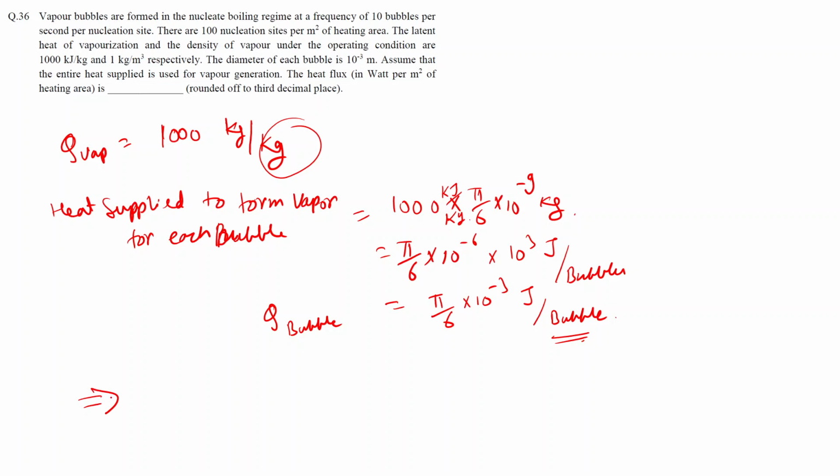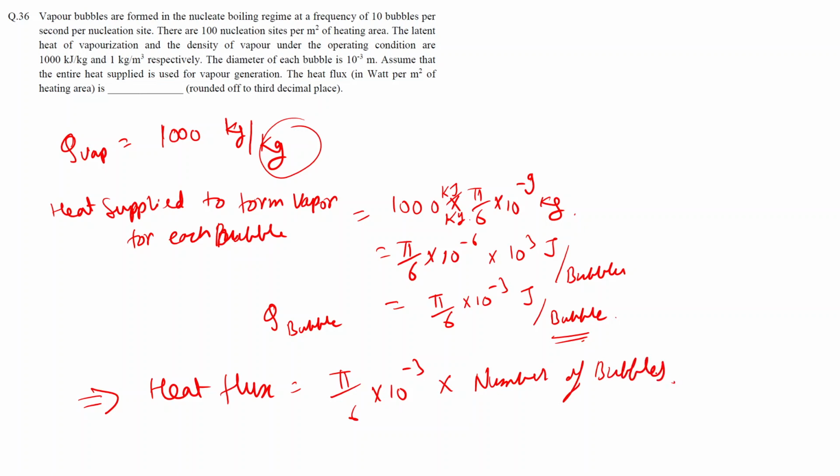So now to ultimately find this heat flux, we have to multiply this pi by 6 into 10 raised to minus 3 by the number of bubbles. We are having 10 bubbles per nucleation site, 10 bubbles for one nucleation site, and we are having total 100 nucleation sites.